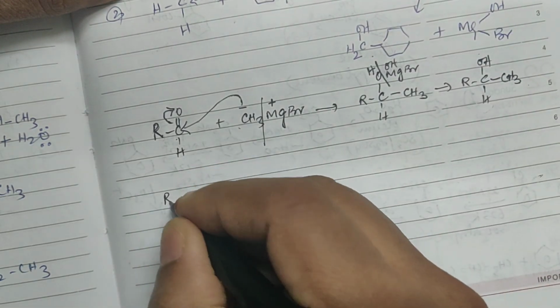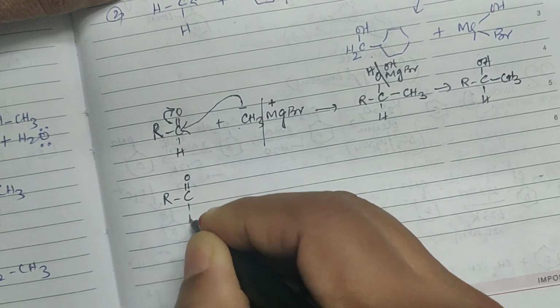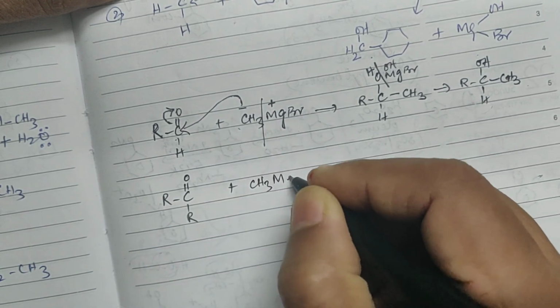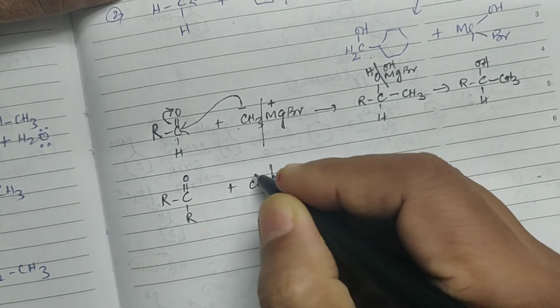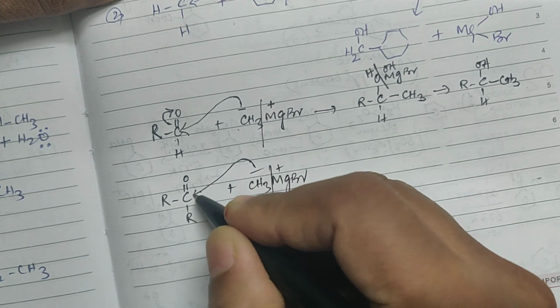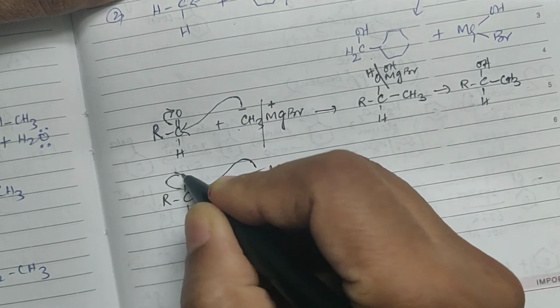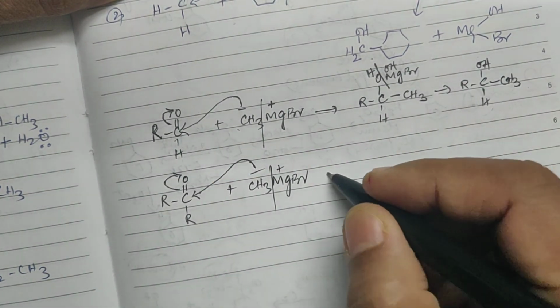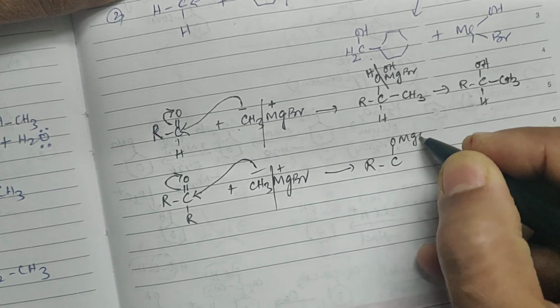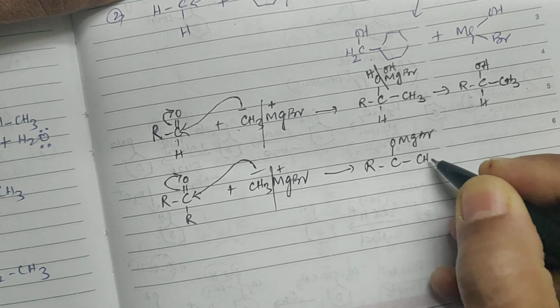If it is a ketone, say RCOR, and it is treated with, say, CH3MgBr, again this will be like this. This negative charge will hit the carbonyl carbon. This will go as O minus, so you will get R C O MgBr. Then the CH3 is attached.